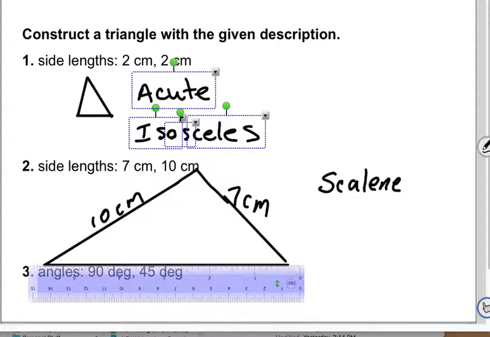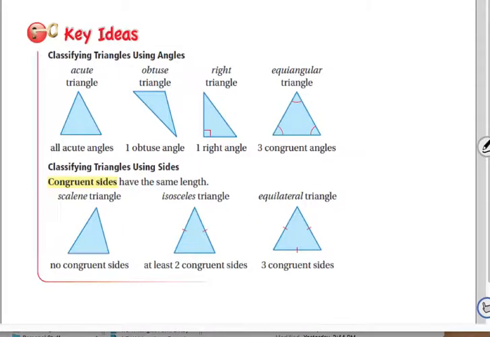All right, we've been talking about constructing and classifying. And on your notes you would have seen these classifications: acute, obtuse, right, and equiangular. Equiangular means that all angles are equal. Okay?